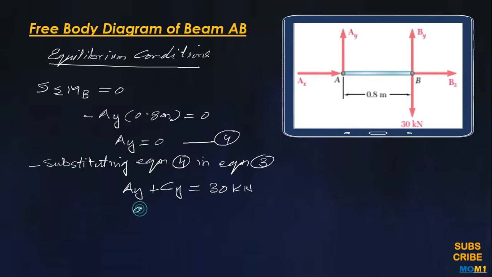So 0 plus Cy is equal to 30 kilonewton. So Cy we are having 30 kilonewton.